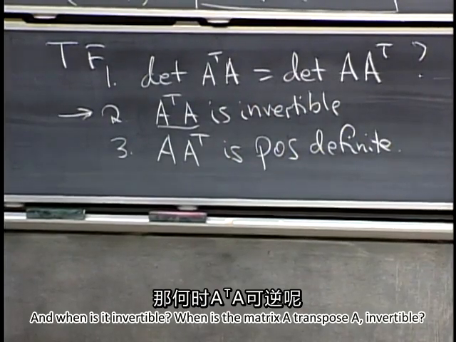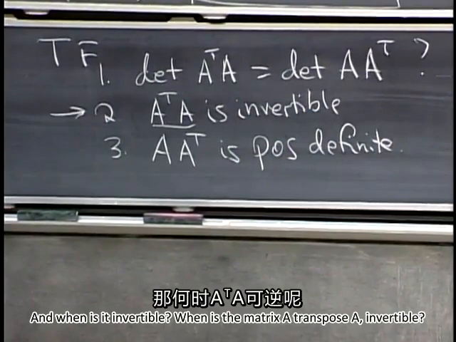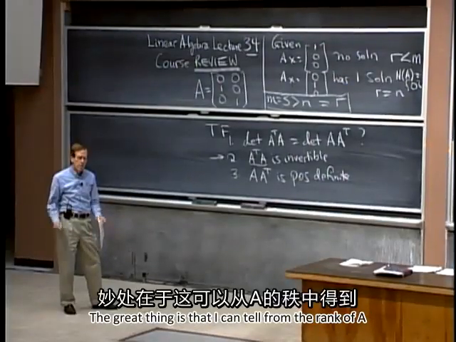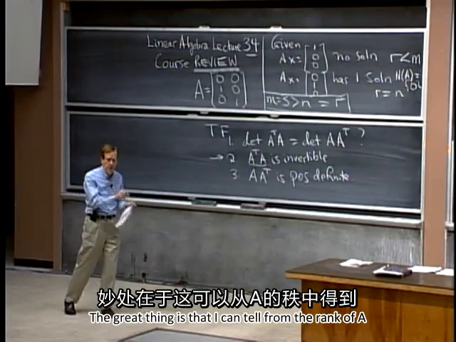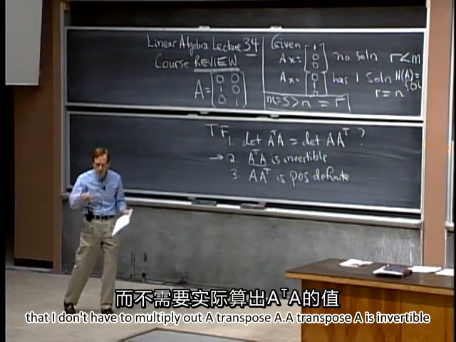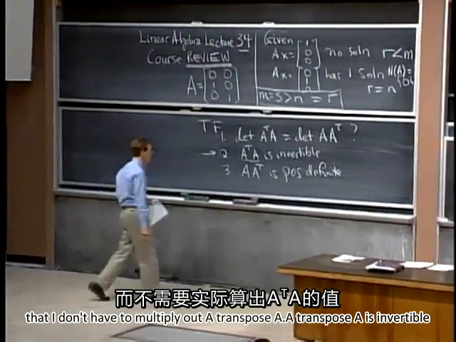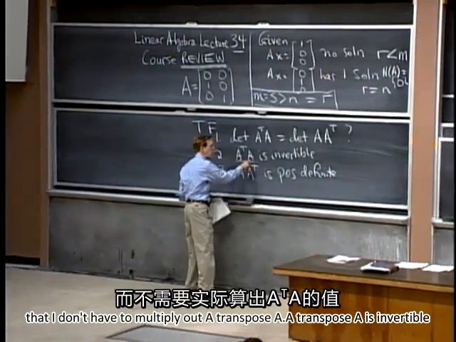When is the matrix A transpose A invertible? The great thing is that I can tell from the rank of A that I don't have to multiply out A transpose A.